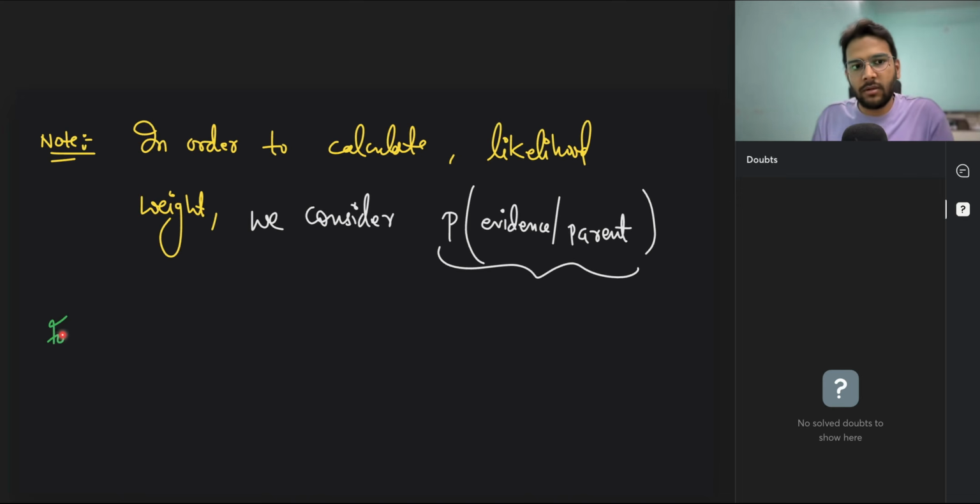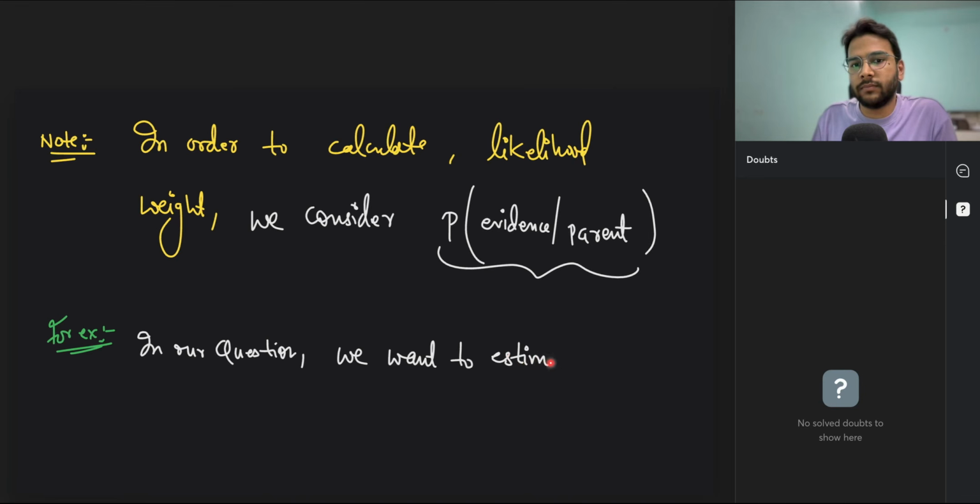So for example, in our question also, we want to estimate probability of B given not of A, not of C. Okay.